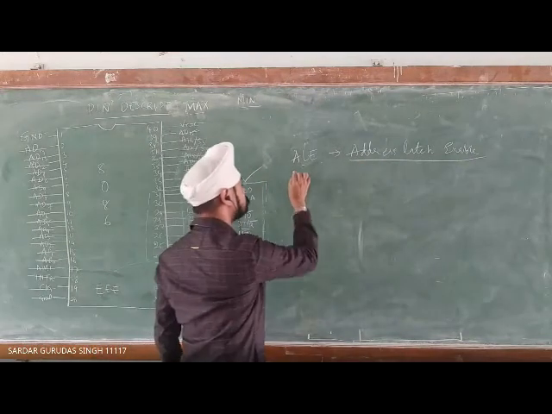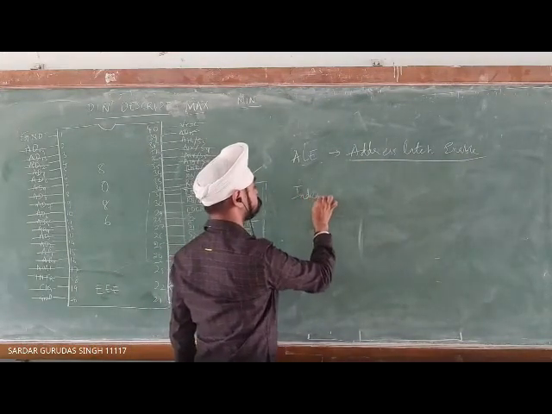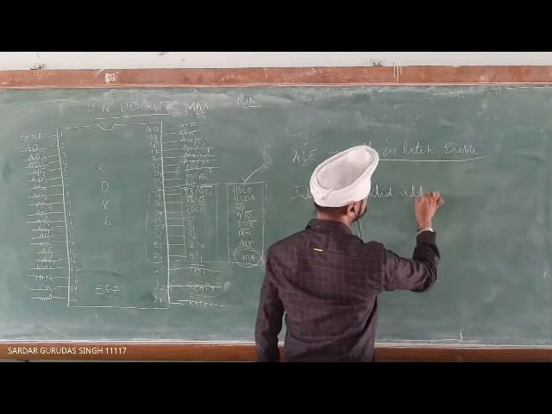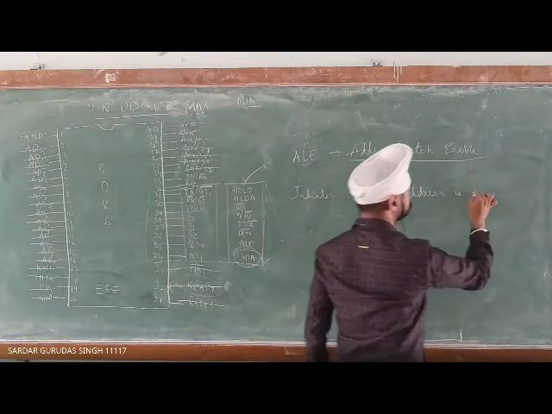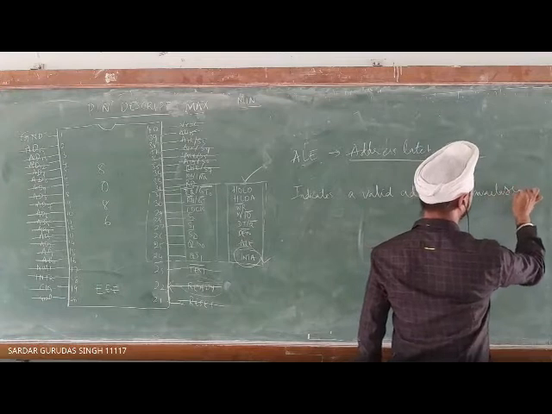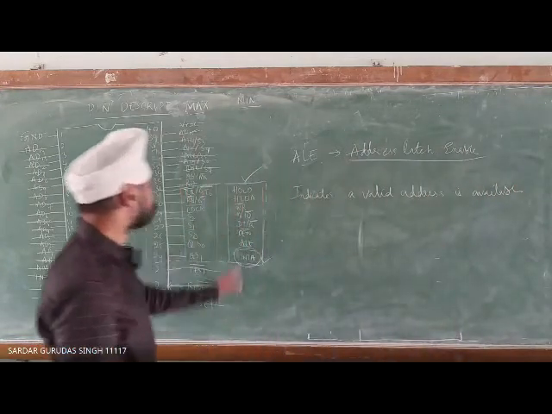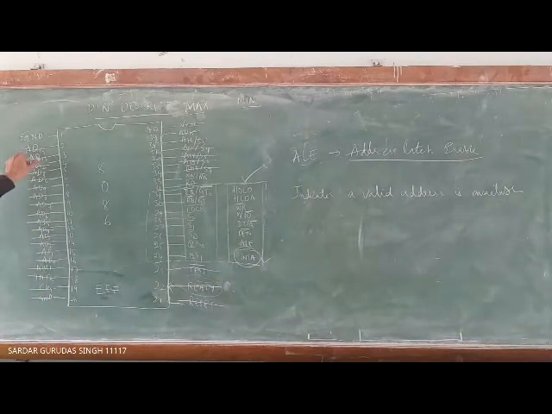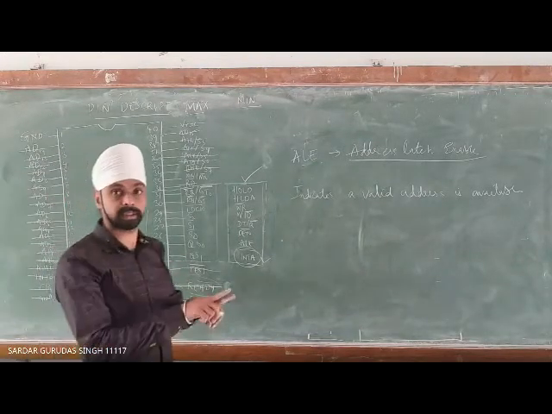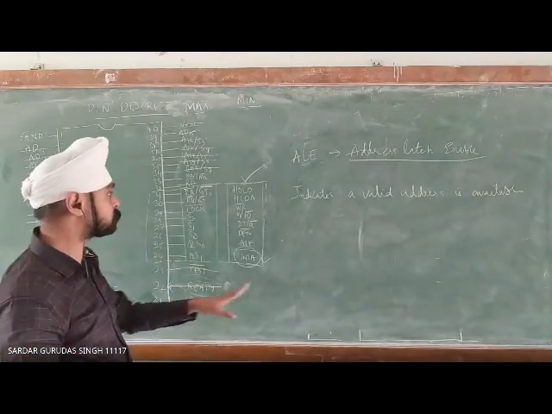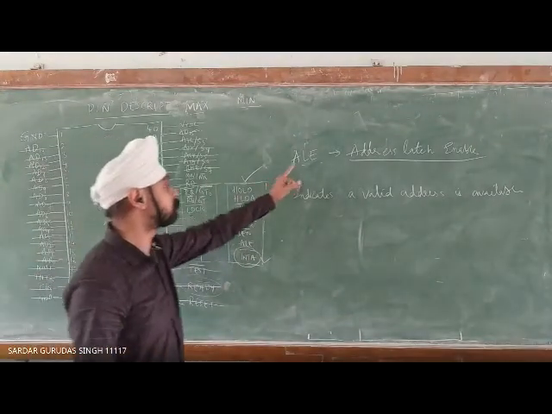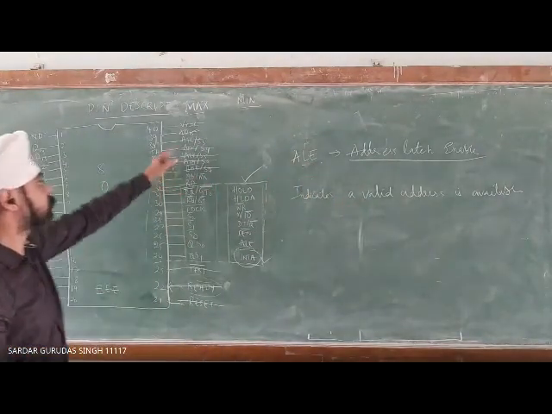And this indicates a valid address is available. In the sense, it will demultiplex here. If you see in this diagram, address lines are multiplexed with data lines. To demultiplex them, in the sense, to use them separately as address bus only, this pin is used. It will demultiplex the address from the AD bus.